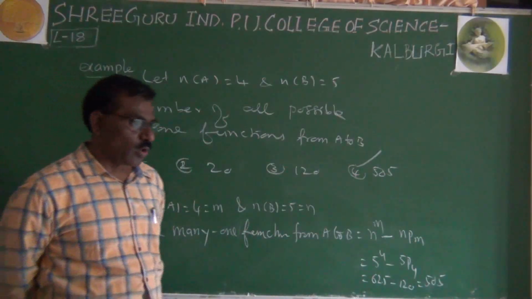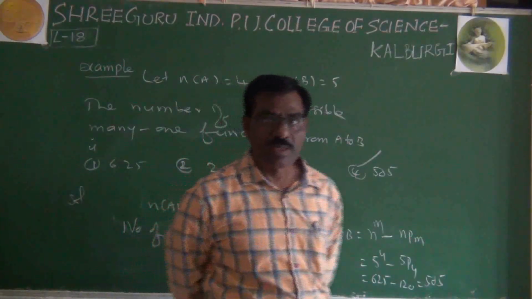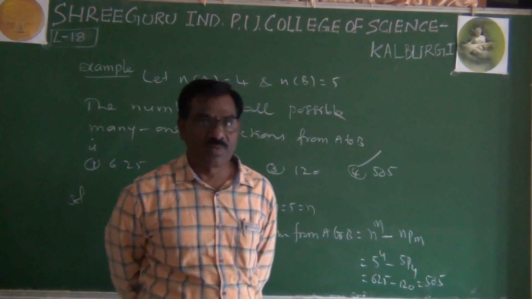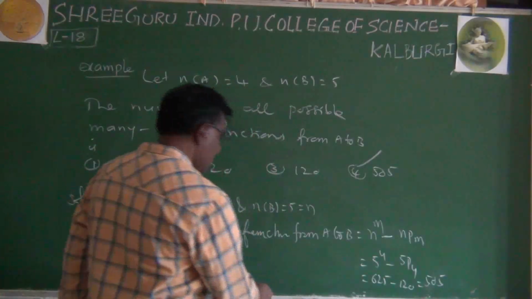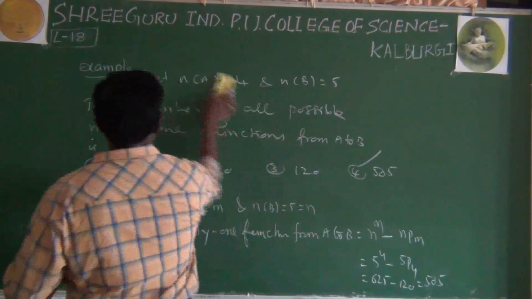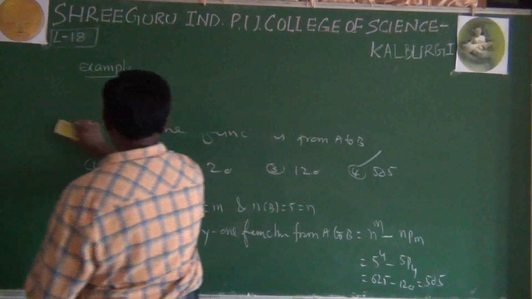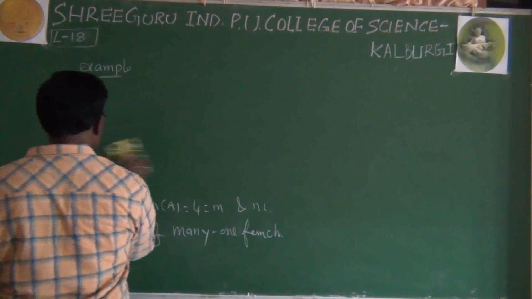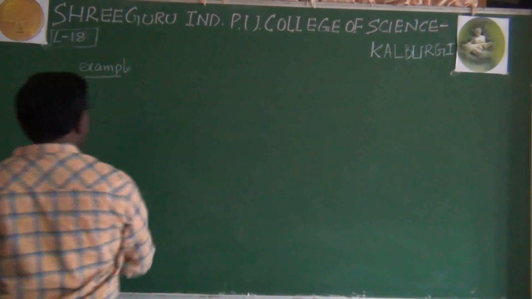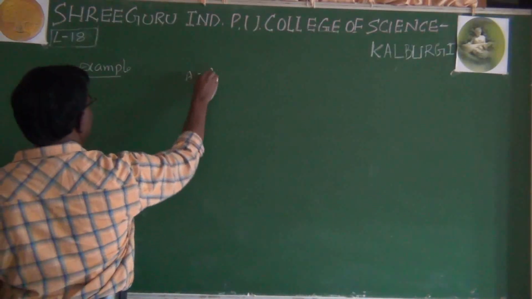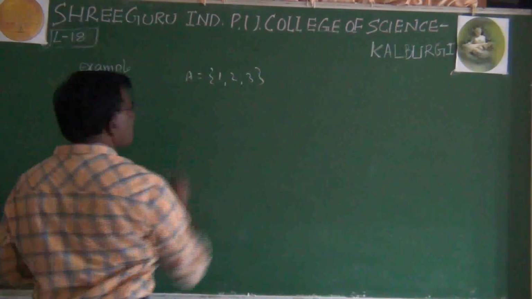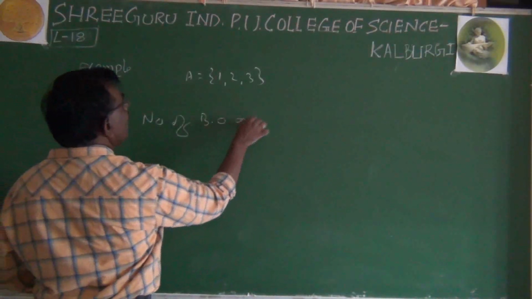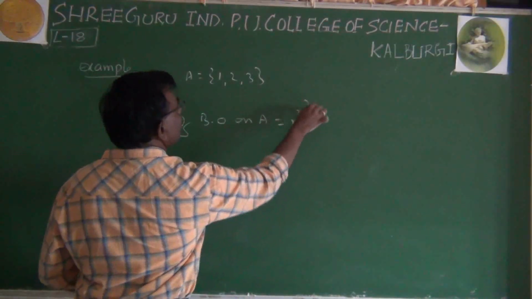Even the number of binary operations is n to the power n square, where n is the number of elements. That is very simple. Suppose set A is {1, 2, 3}. The number of binary operations on A is n to the power n square.